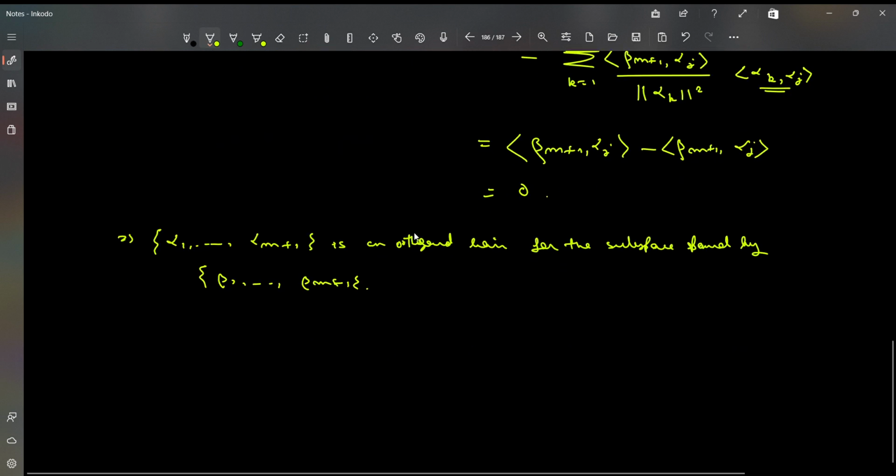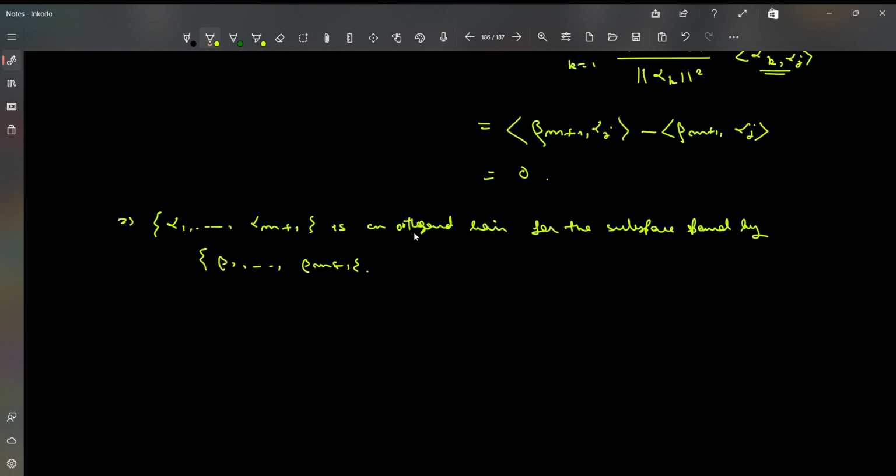I should probably give an expanded structure of how these vectors can be constructed by the Gram Schmidt orthogonalization process. For example, if I consider R4 and I have the linearly independent vectors beta 1 till beta 4, I want to give the expansion of the orthogonal vectors constructed through the Gram Schmidt process.